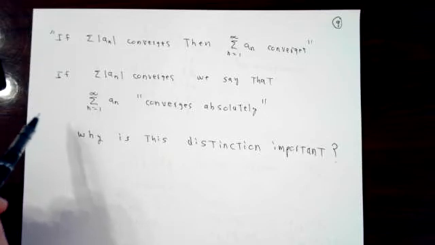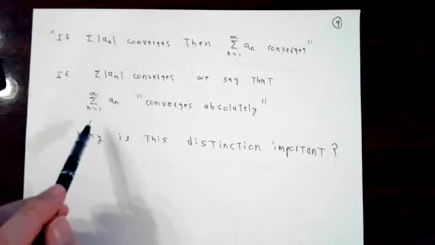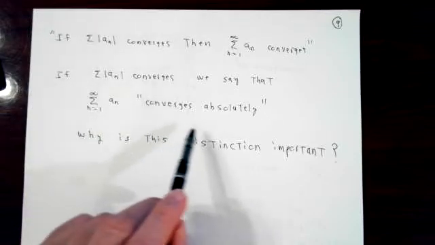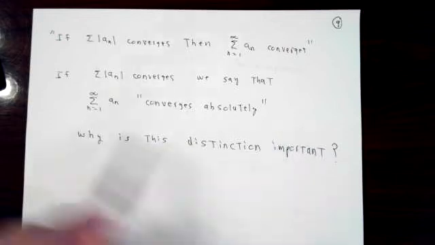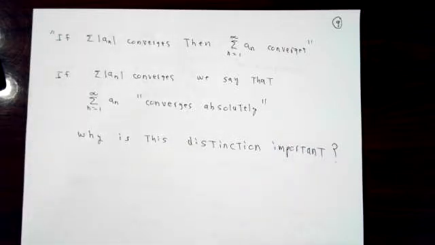So we say that the sum of the ANs converges absolutely when the sum of the absolute ANs converge. That's a strong enough condition to prove that the sum of the ANs converge, but if that's all there were to it, this wouldn't be very worthwhile to pursue. Why is this new thing important to us?